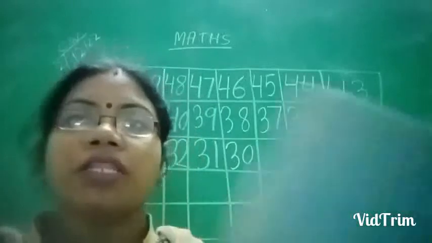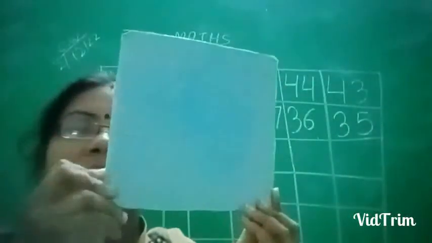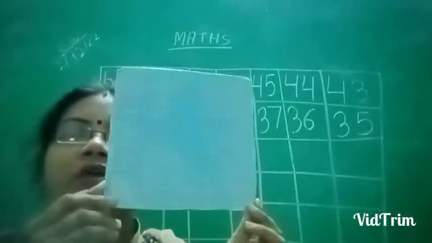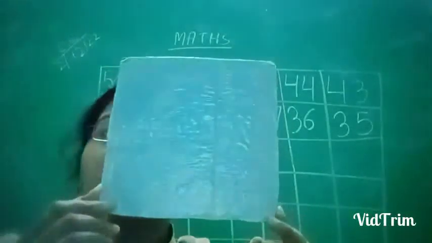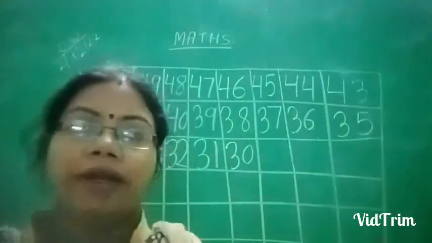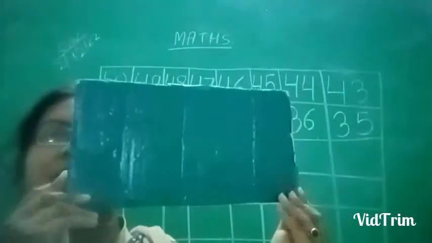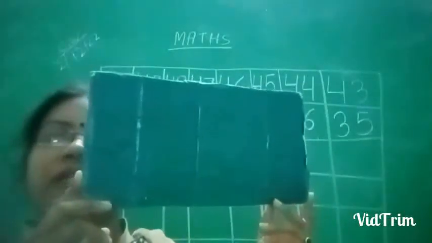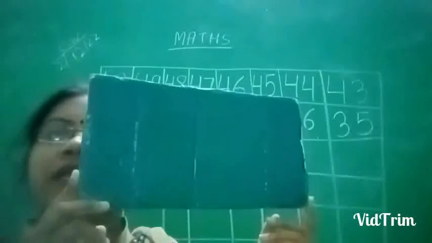After oval, this is square. All the sides are equal. It is square. Then rectangle. Its opposite sides are equal.